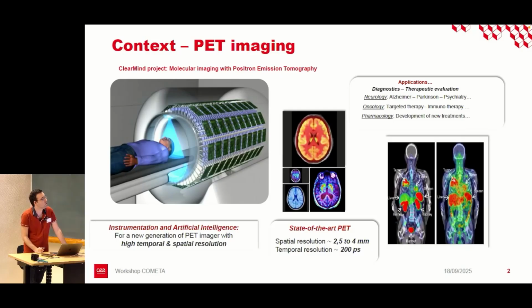Positron emission tomography is a molecular imaging modality that is used mainly for diagnostics. It consists in injecting a radioactive tracer into a patient, associated to a sugar, so that the sugar will focus on a specific part of the body, mainly parts with fast biological evolutions, such as cancer or neurological pathologies.